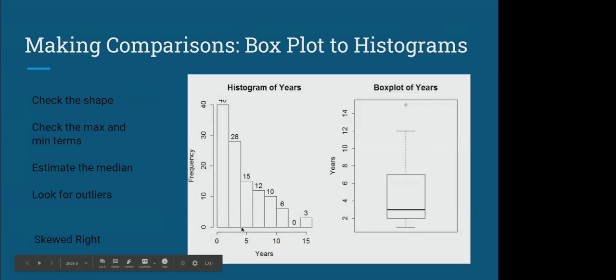Remember, anytime you're talking about the median, you are looking for 50%. If they say find the median, and the first bar only has 10, keep moving because you're trying to get to 50. If the second bar has 20 more, now you've got 30, but keep moving because you still need to get to 50.